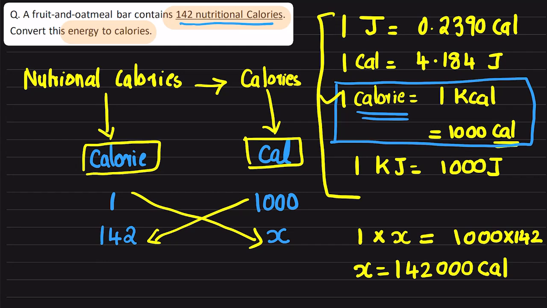Take it as X. We are cross multiplying. 1 times X is X. 1000 times 142, you are getting 142,000. To convert it into the standard form, what we have to do? This is 1, 2, 3, 4, 5. So I can put 1.42 times 10 to the power of 5 cal, since I moved 5 places. This is your final answer.